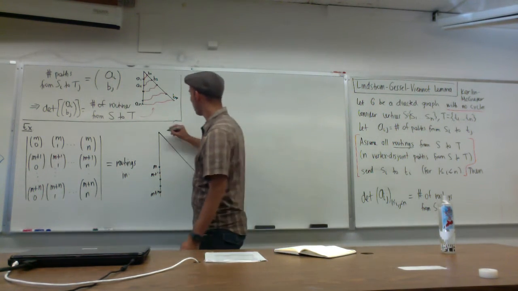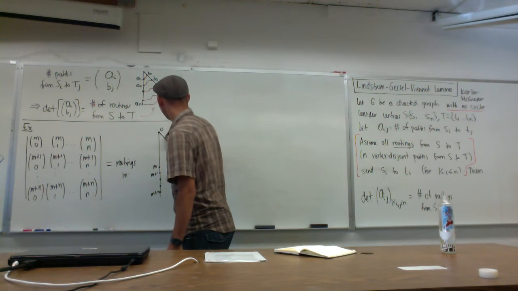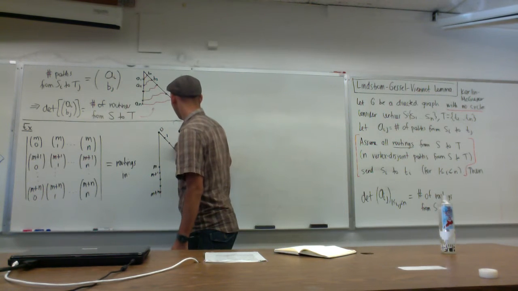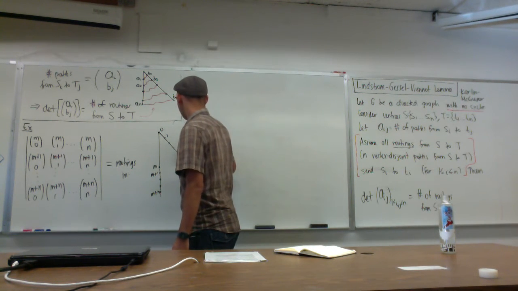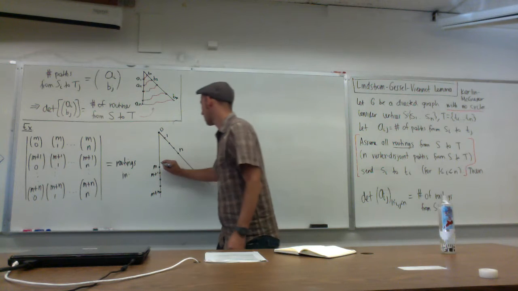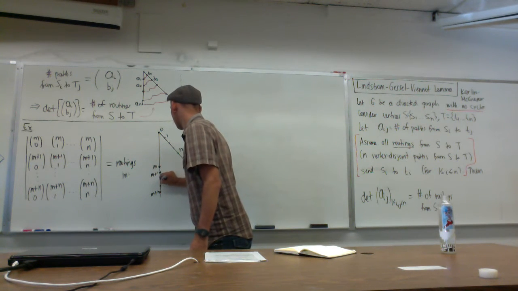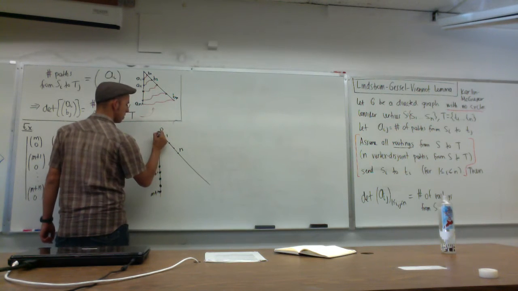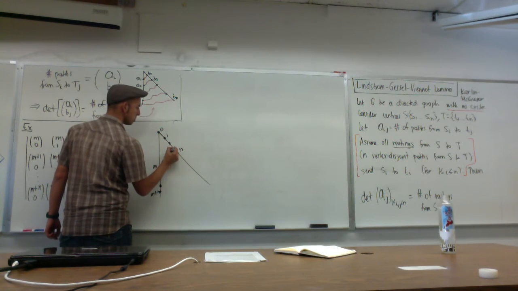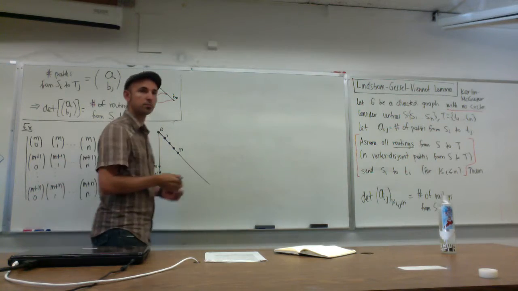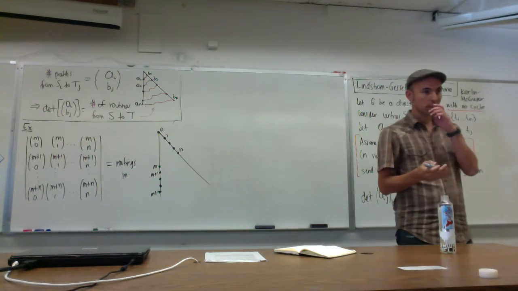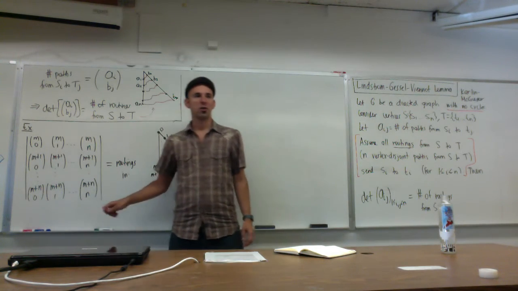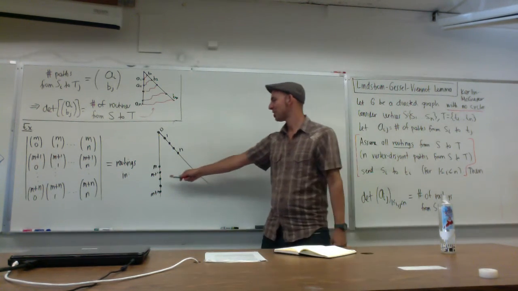And the Bj's are 0, 1, until n. So I need to route these guys to these guys, and the question is, what are the ways of doing it? So how would you get started in trying to route these guys to these guys?